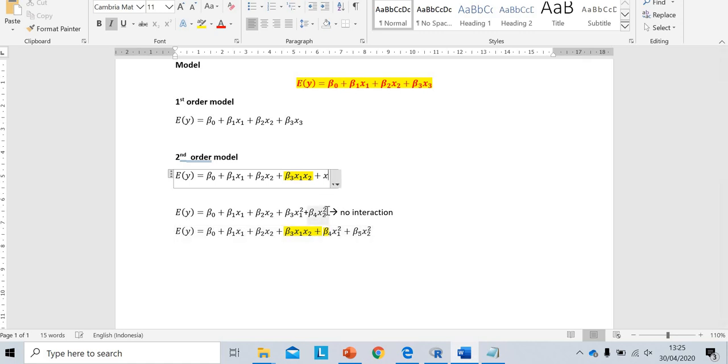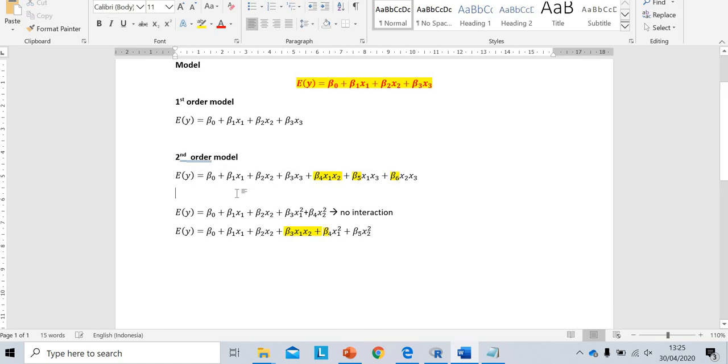So that is x1 x2, x1 x3, and x2 x3. We add beta 4, beta 5, and beta 6 for these. So this one should be beta 4 x1 x2, x1 x3 and x2 x3.